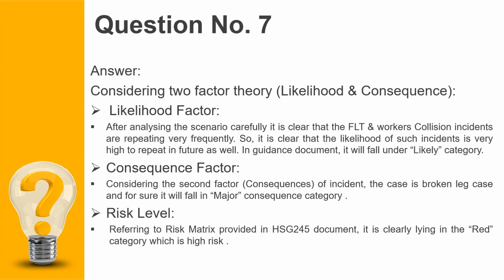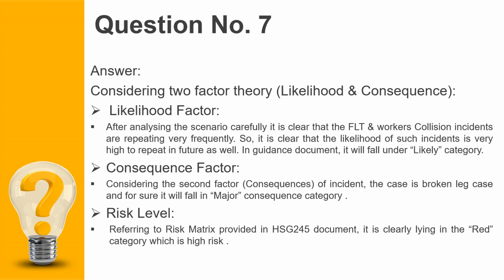So friends, after our brainstorming session in the previous slide, now we need to put forward things formally, and in our answers we will be writing it in this style. For the likelihood factor: after analyzing the scenario carefully, it is clear that the forklift truck and workers collision incidents are repeating very frequently.